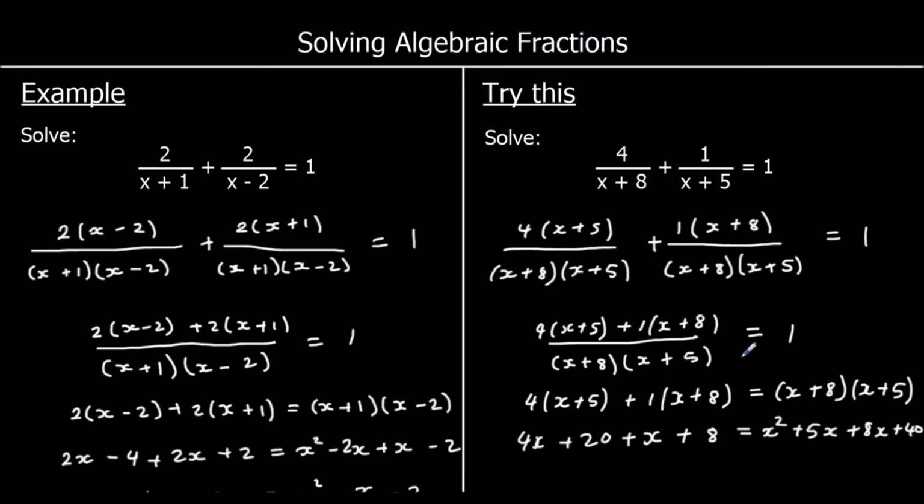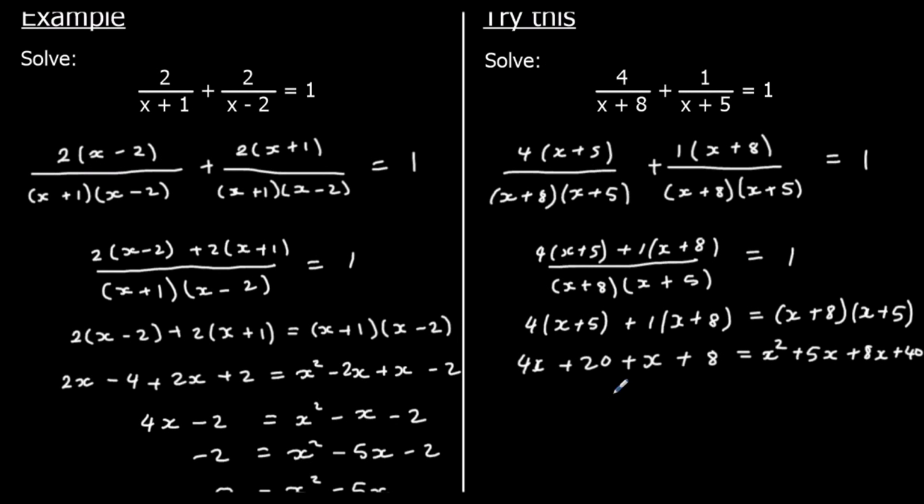And collecting like terms, 4x plus 1x is 5x, 20 plus 8 is 28, and for the right side, x squared, 5x plus 8x is 13x, and I've got a plus 40 as well.